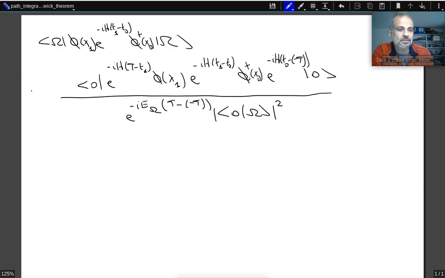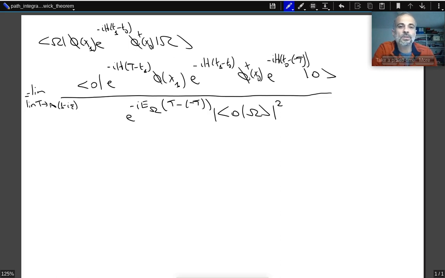Now here we should actually take some limit as T goes to infinity with a slight imaginary part, so that this imaginary part is what singles out the actual vacuum, the minimum energy state of the system. So this is what we need to evaluate.